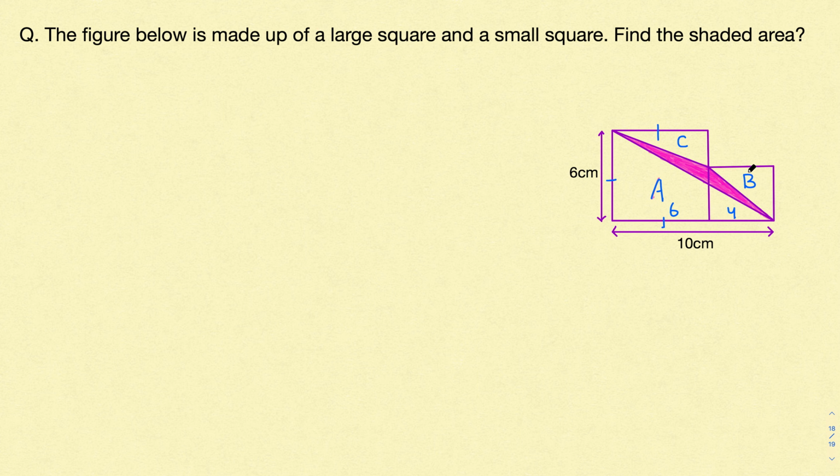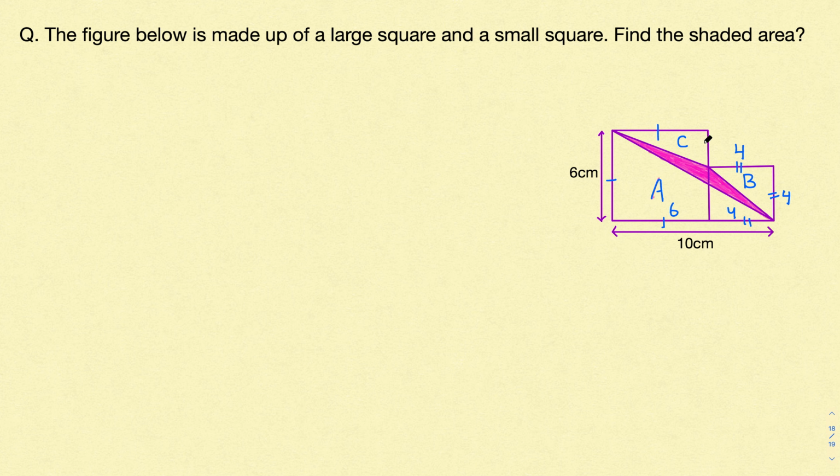Since this is a small square, all its sides are equal. So if this is 4, this has to be 4, and this one also has to be 4. Now how about this part?